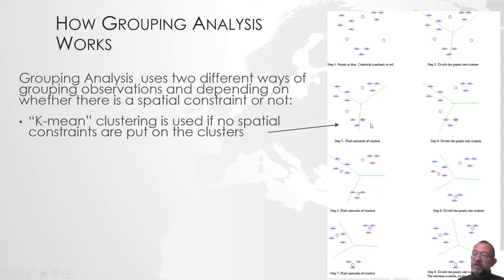What we then do is calculate the average, or the new center, for each of our groups. So our initial value will be moved to a new location, a new center value for that group.